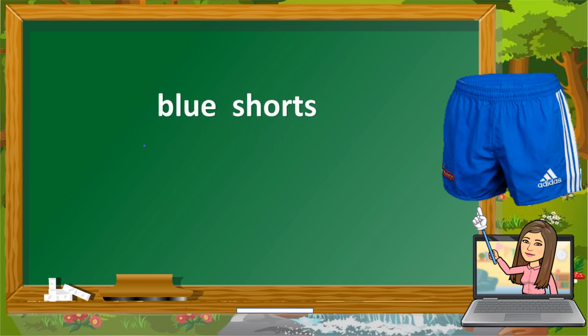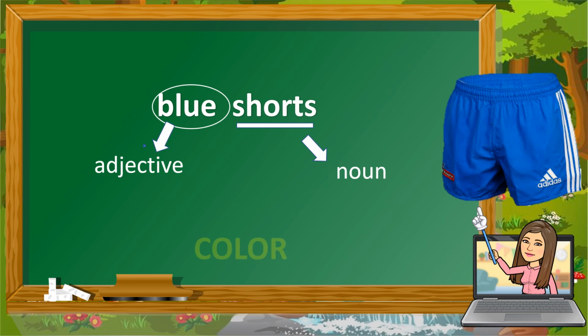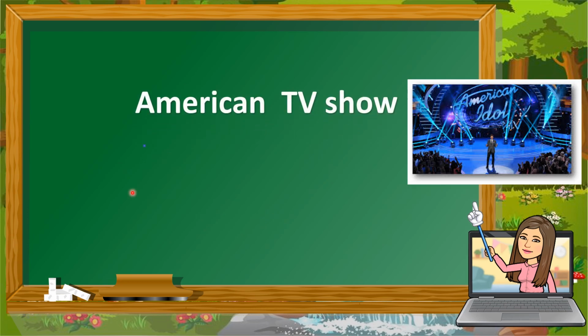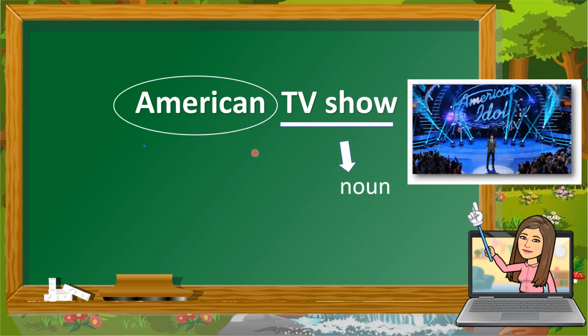Okay, so what about the next example? Okay, blue shorts. All right, so shorts is the noun and then blue is the adjective. So obviously we are talking about color. Okay, next one. Okay, American TV show. Okay, so the example in here is American Idol. Okay, so TV show is the noun and American is the adjective.